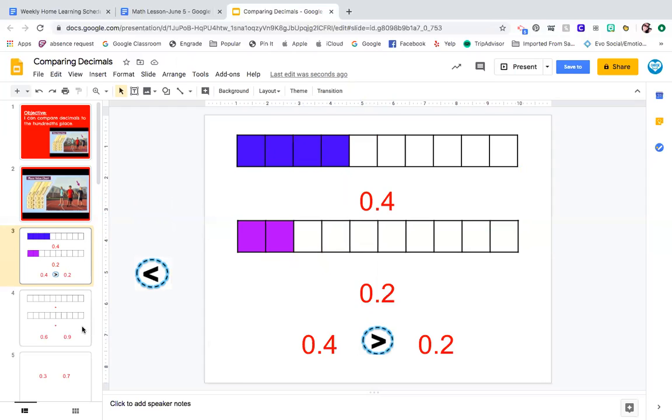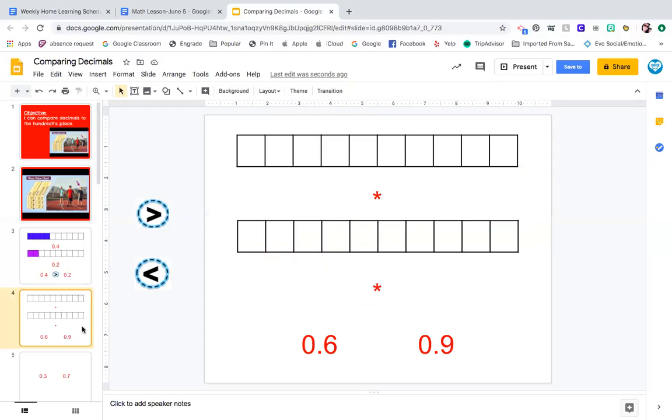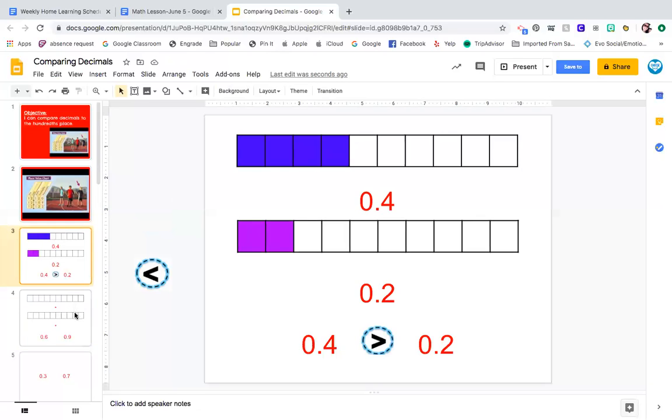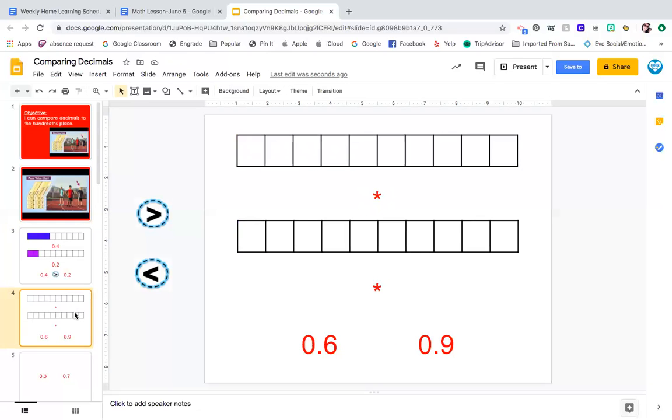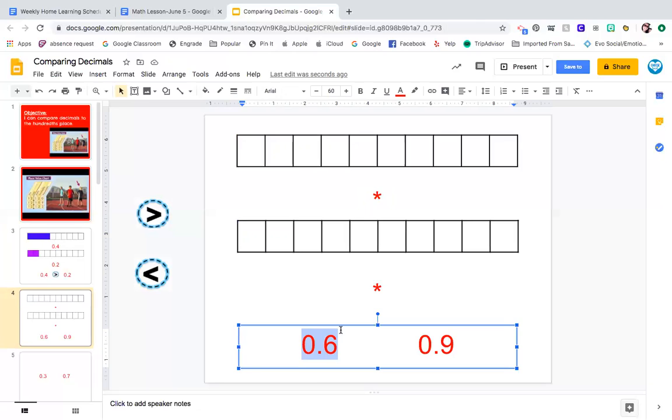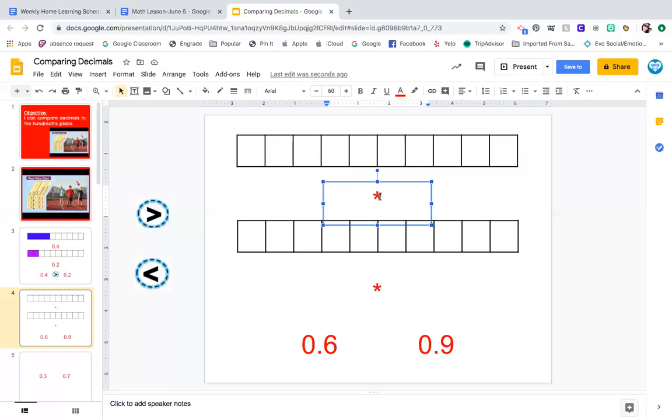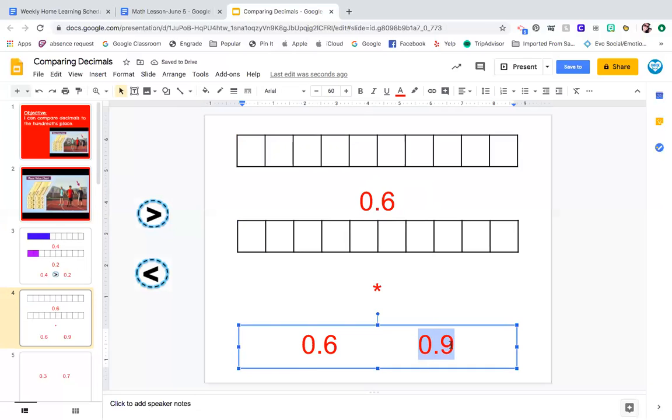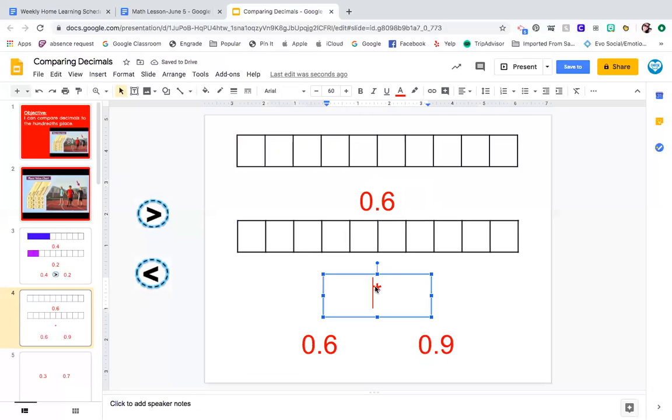All right. For the next one, I'm actually going to ask you to take out your bar models from your decimal toolkit, and you're going to do the same thing that I just modeled in this example. So in a moment, you can pause the video. I would like for you to label one of your bar models 0 and 6 tenths, and then the second bar model 0 and 9 tenths.